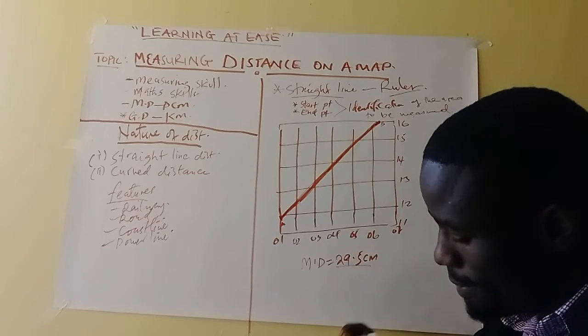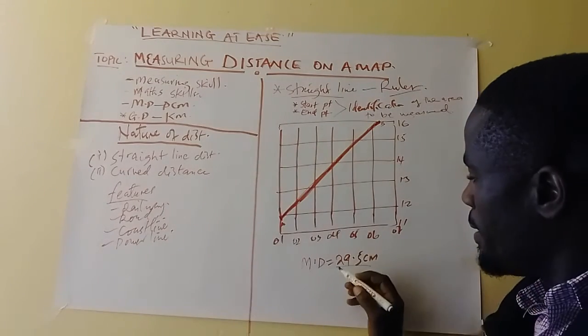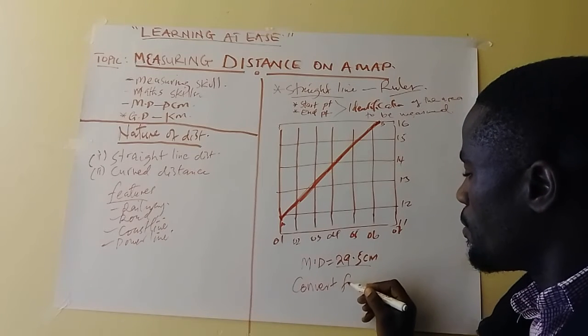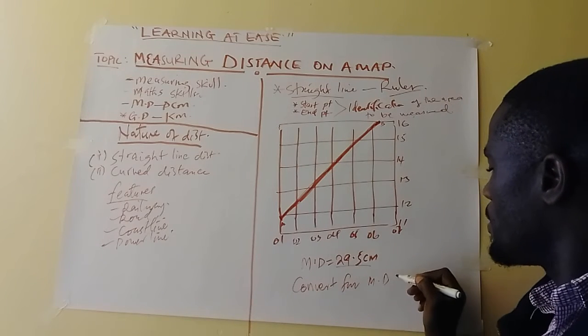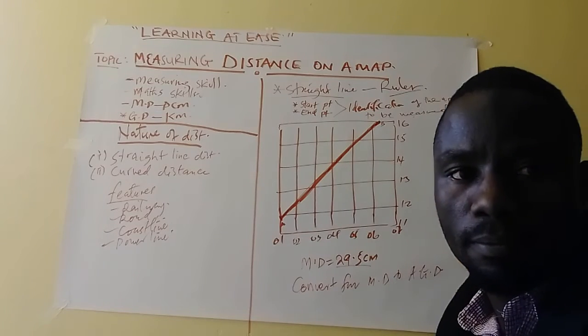Now after getting this, they are looking for mathematical skill. Here we have to convert from map distance to actual ground distance.